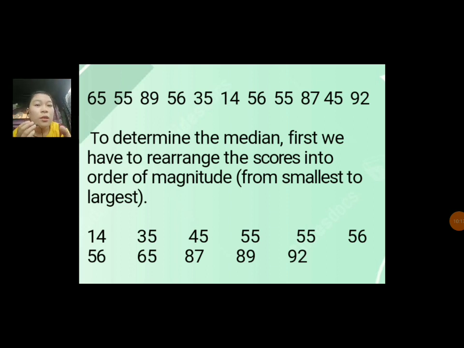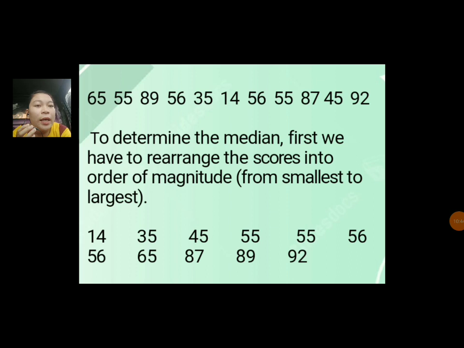So you arrange the set of scores from the smallest to the largest. The lowest here is 14, followed by 35, 45, 55, 55, 56, 56, 65, 87, 89, and 92. So from 14 until 92, it is arranged from lowest to highest.